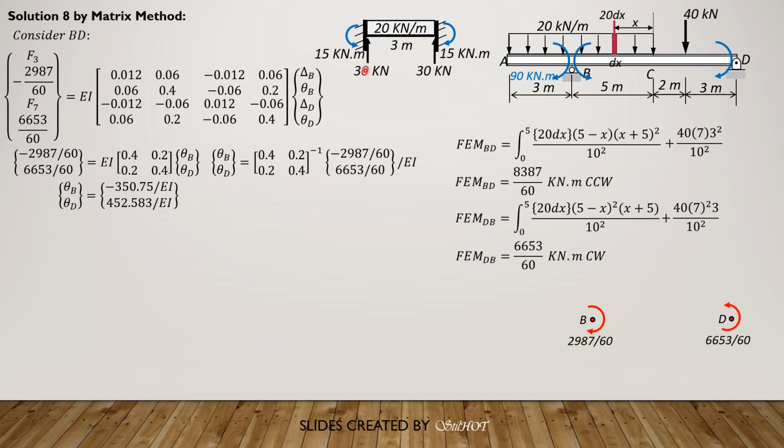And therefore, the nodal load at A would be the opposite to these moments here. So we have 30 downward at A. And this is counterclockwise, so clockwise, negative 15. And we find delta A and theta A. At B, we already know theta B, which is negative 350.75 over EI.